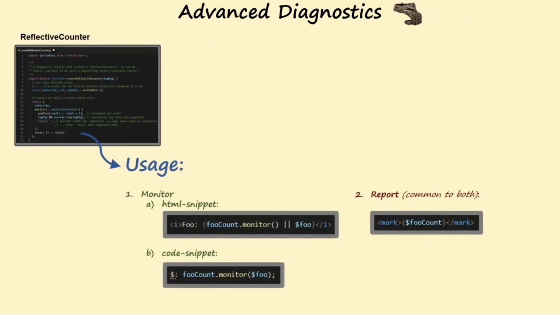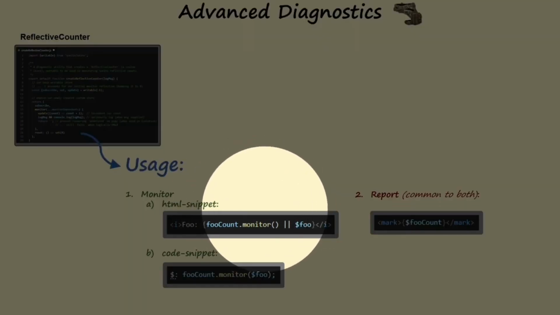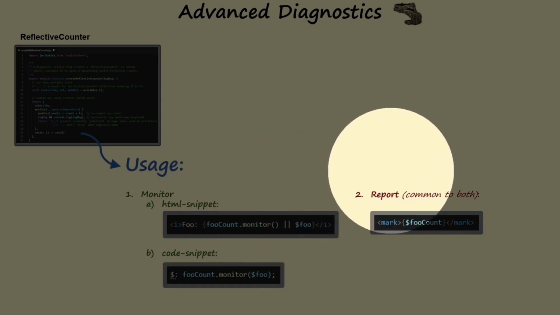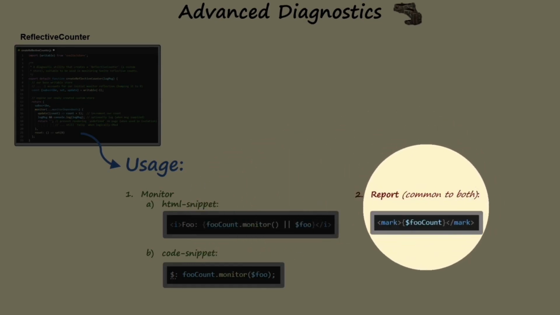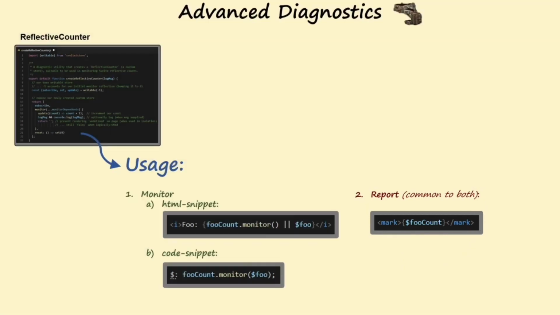So the usage of this is both in monitoring, very similar to our diagnostic logging probes, where you have a logical OR expression, but we're using the monitor method in this. And then in addition, we're going to actually report the counts in our code or within our HTML. So you can see here that I'm actually displaying the count of that particular probe. And I've put this in a mark HTML element to highlight the fact that it's not production rendering, it's a diagnostic.